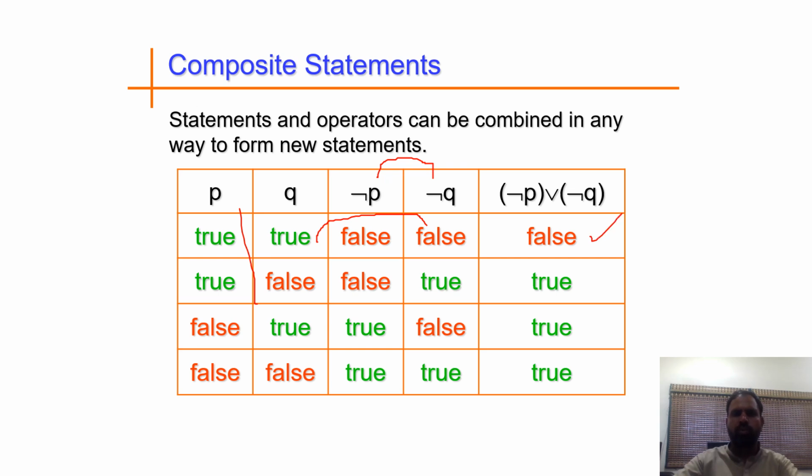One is true, so, as we discussed in the previous slides, if one is true then it will be true. Negation P true and negation Q false, so it's true. If both are true, it will be true. This is the composite statement.